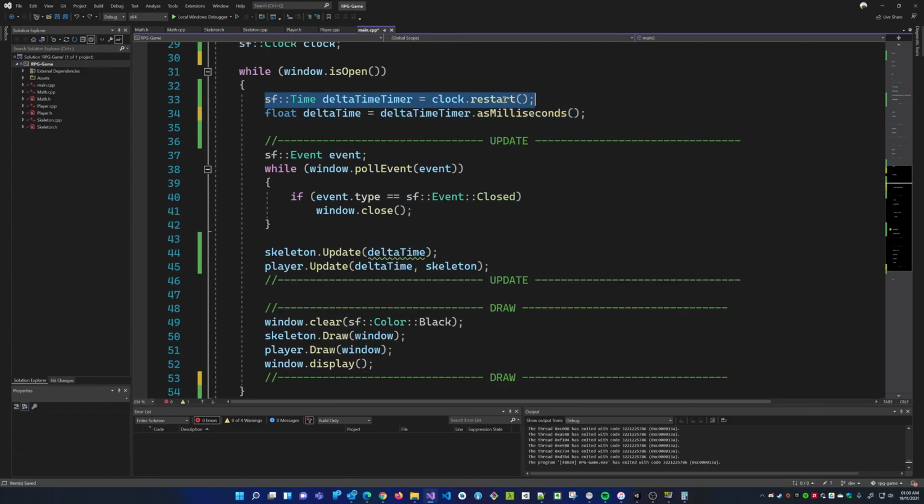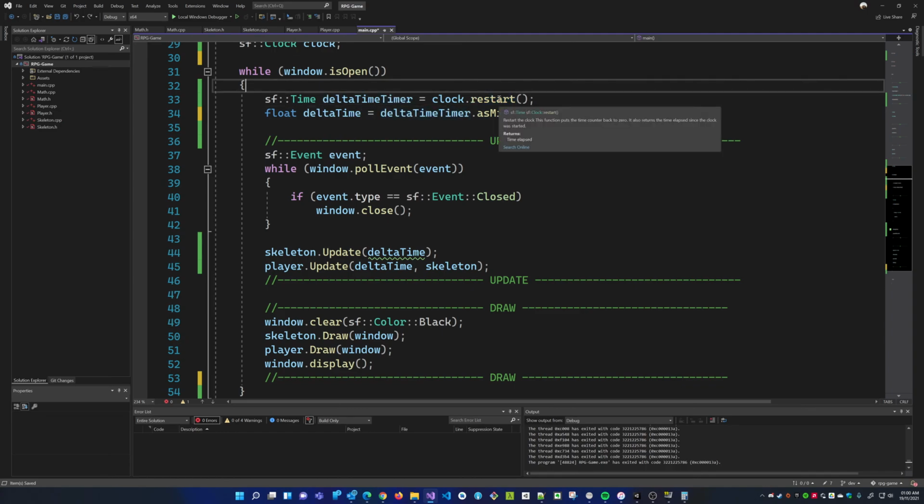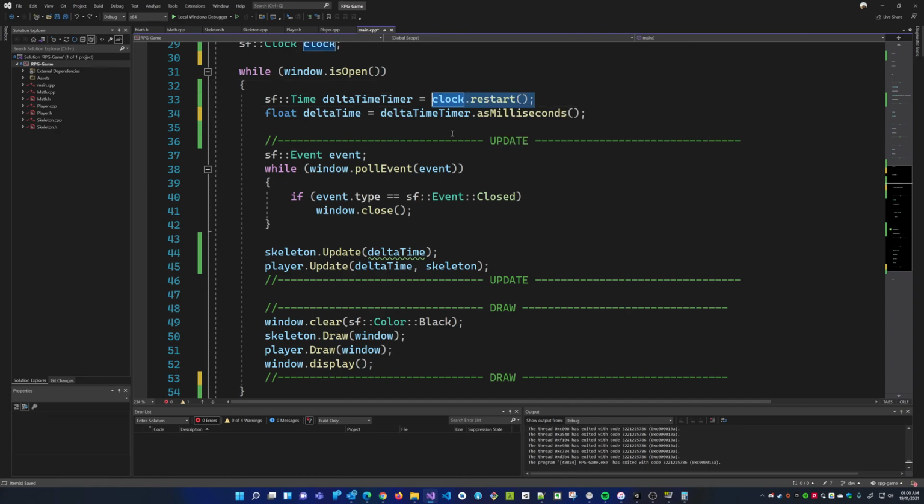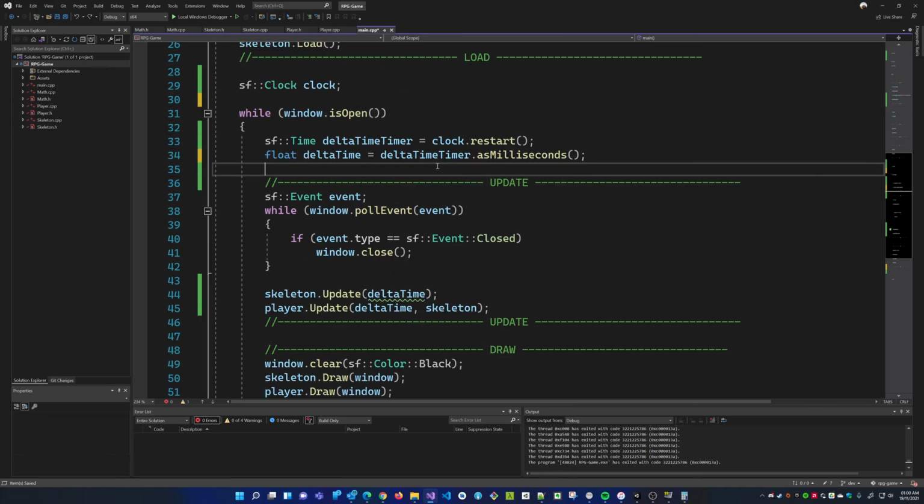I'm restarting the clock and getting delta time. Restart says: this function puts the timer counter back to 0. It also returns the time elapsed since the clock was started. So this is fine. It's going to give me the time before it restarts. Technically this is fine.